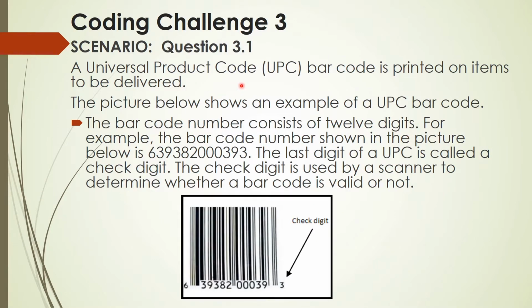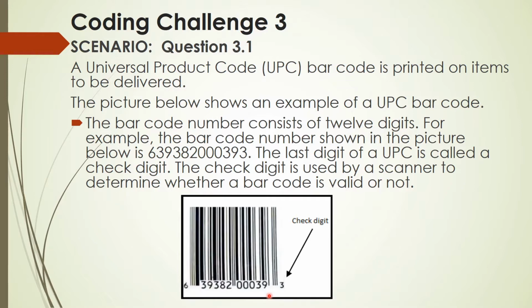Okay, so your scenario is a universal product code, UPC. A barcode is printed on items to be delivered. The picture below shows an example of a UPC barcode. The barcode number consists of 12 digits.